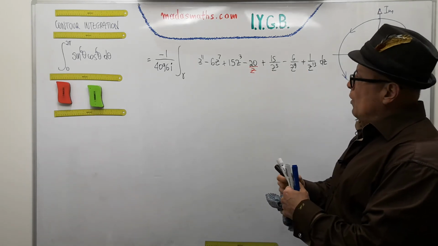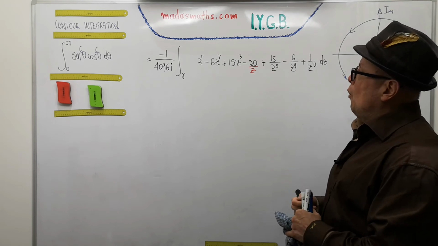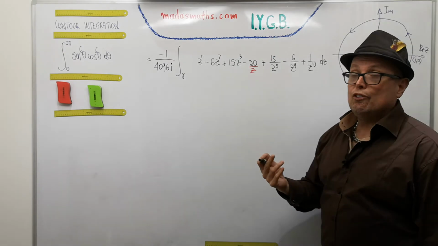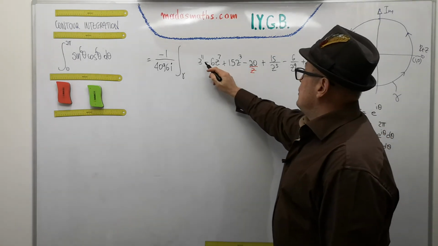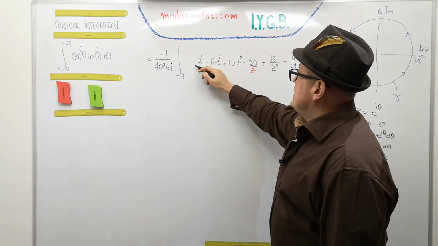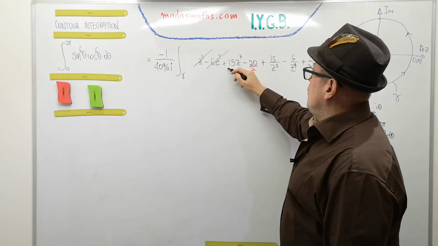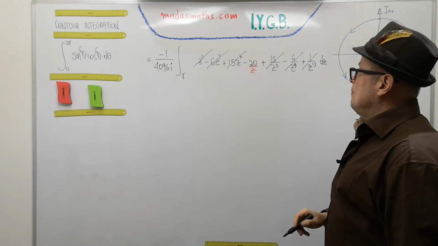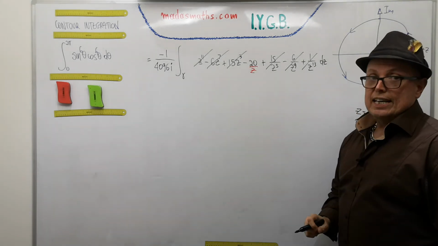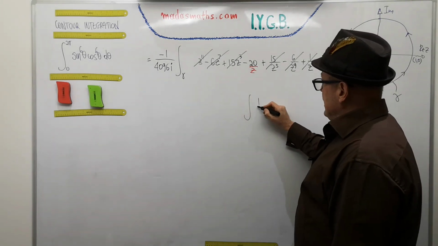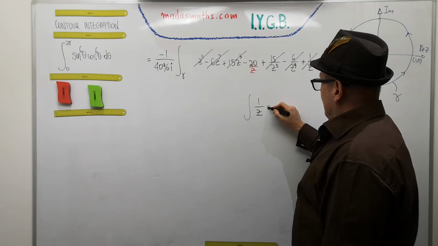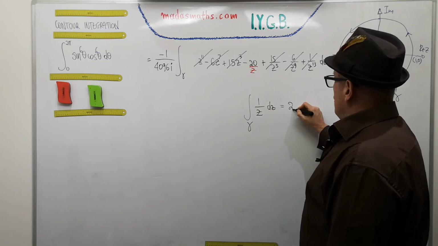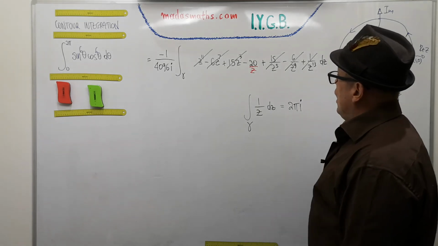Remember, in lecture number 1 we proved that all integer powers of z, when integrated around a unit circle, a closed curve which contains the origin, have zero contribution. They will integrate to 0 except one very special term: the 1 over z term. The integral of 1 over z dz is going to be 2 pi i.